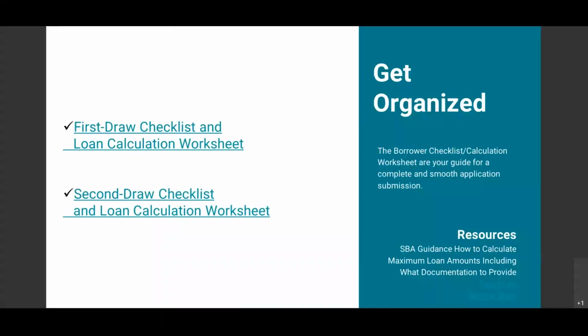Go through that checklist to make sure you can pull all of your documents, and also use the loan calculation worksheet to determine your loan amount. Trust me, it will make the process expeditious and very easy, because what happens often is we find applications where they're missing documents or the calculation is incorrect, and it takes a little time for us to go back to the customer to get that information. The next slide.